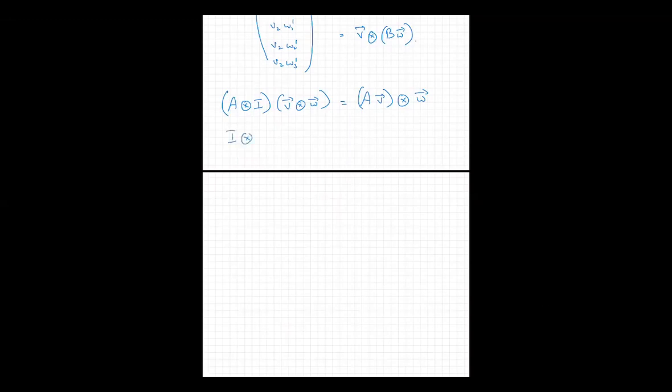We have also discovered that if I don't do anything in the first basis, I know the matrix in the six-dimensional linear vector space that will preserve the mapping in the second linear vector space. But what if both A and B are non-zero?